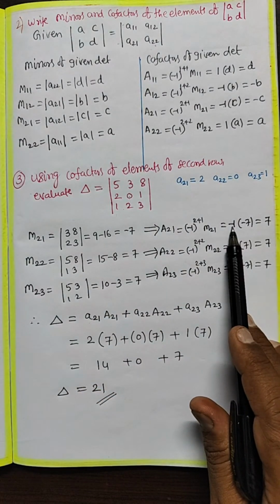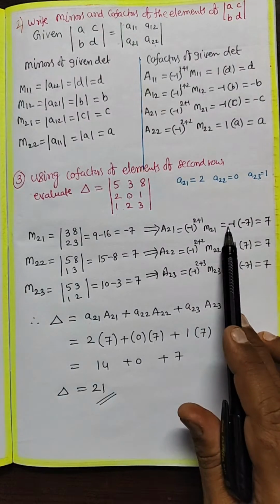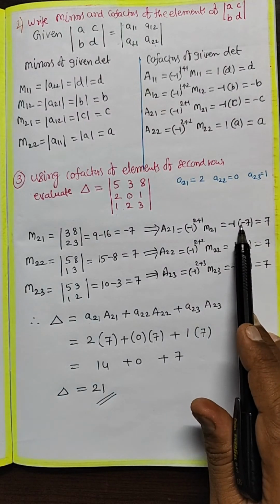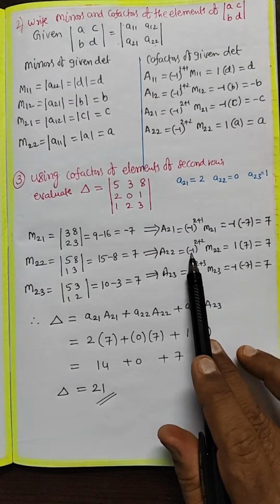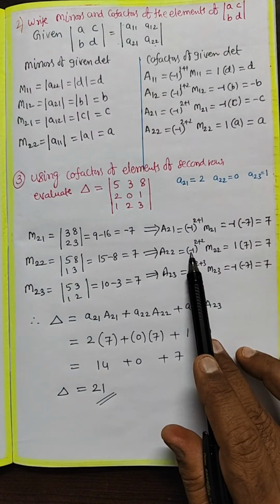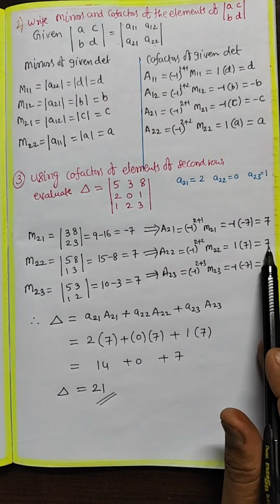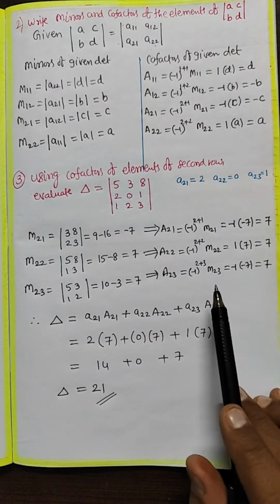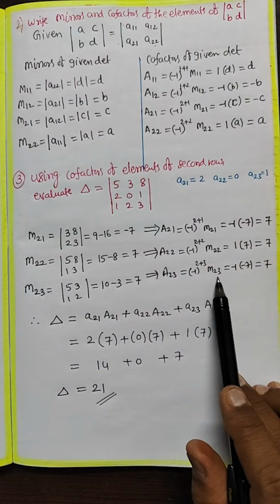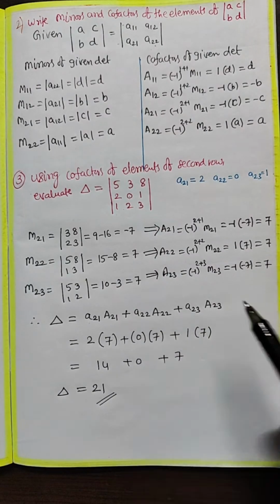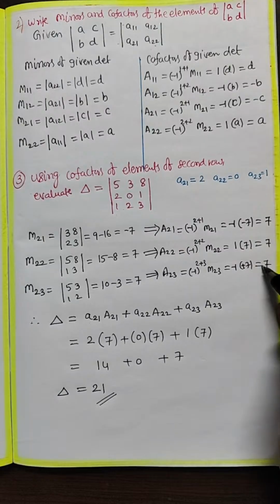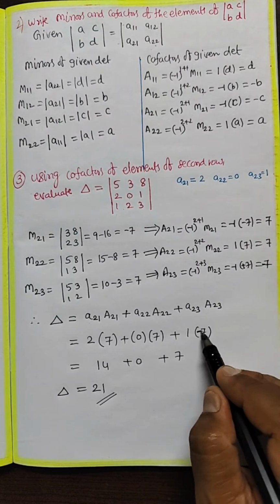So the cofactor is minus 1 whole power 2 plus 1, which is minus. Minus into minus is plus. Yeah, this is plus 7, no, I'm very sorry. This is minus 7.